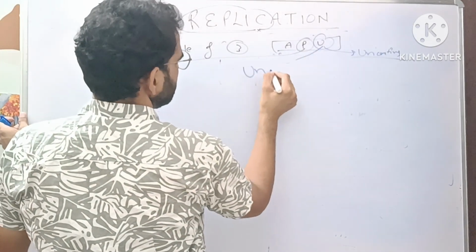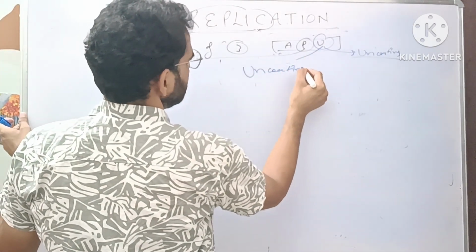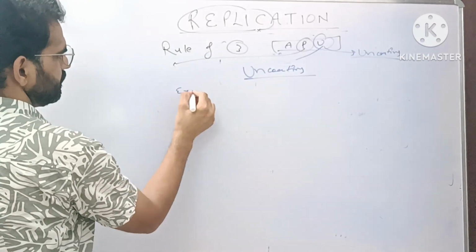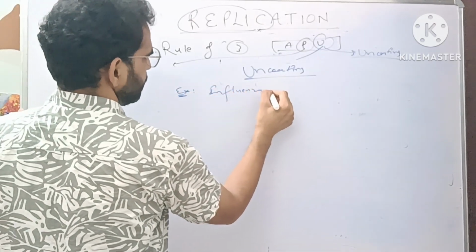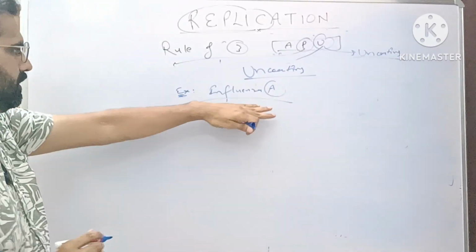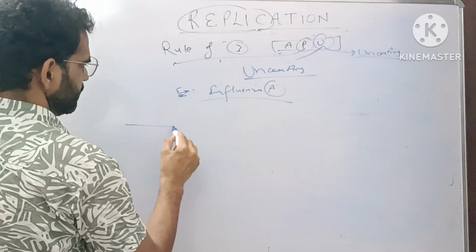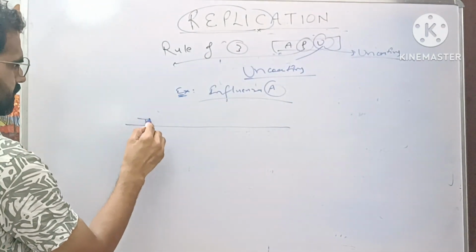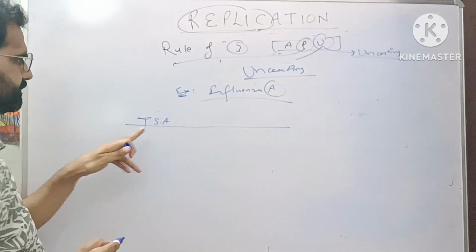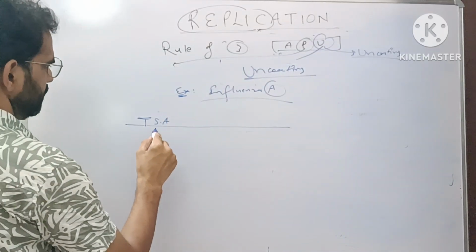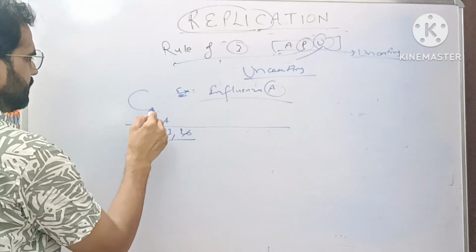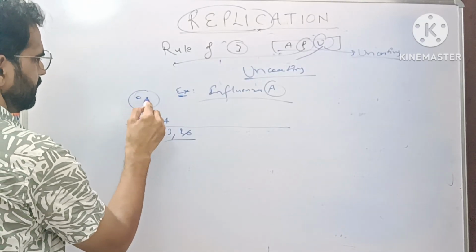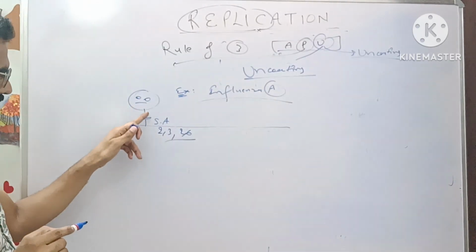Again, the example will be from the influenza virus, influenza A virus. So first there was sialic acid type 2,3 or 2,6 or both, and then the virus attaches here, this interaction.